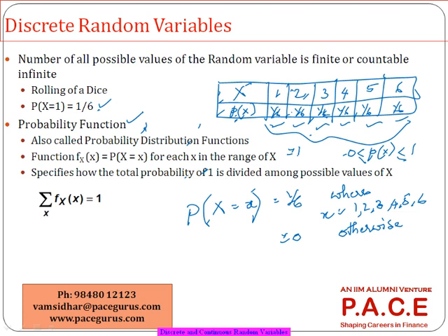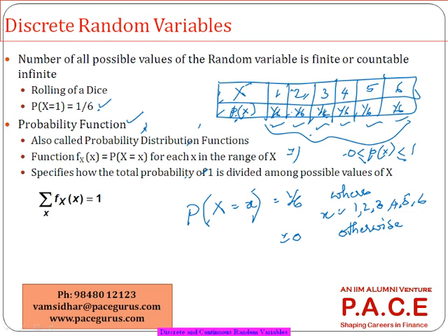I have to represent these two things. The two important properties that are very much needed are that each individual probability should lie between 0 and 1, and the sum of all the probabilities should be equal to 1.